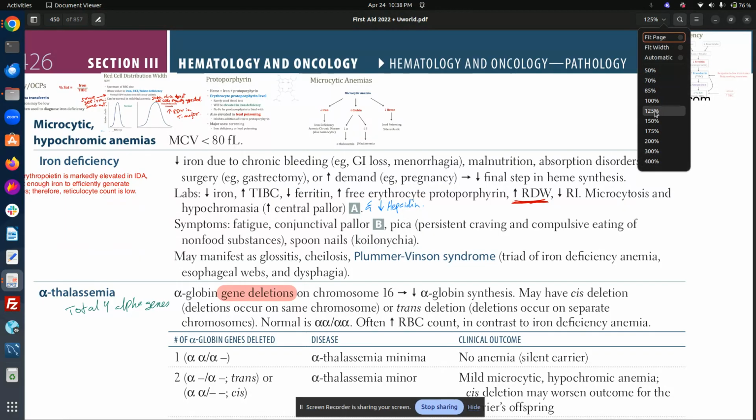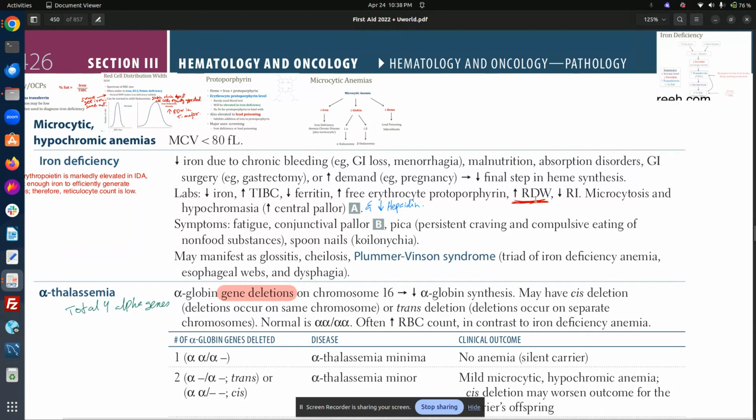And then reticulocyte index, because we know that RBCs are formed in the bone marrow, and iron is required for the formation of hemoglobin.